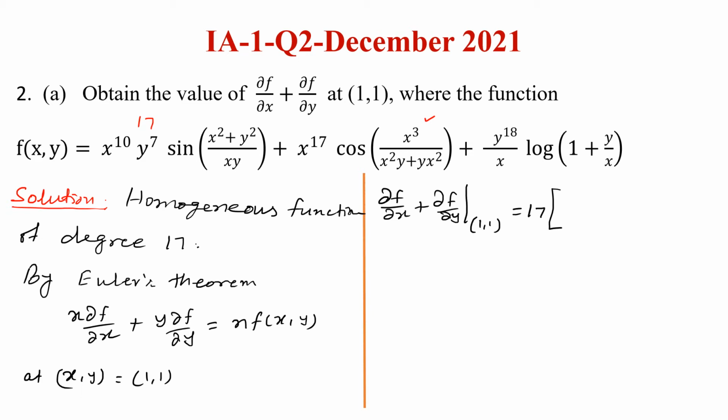So this is going to be 1, this is going to be sine 2 by 1, that is, we can write sine 2, x to the power 17 is 1, cos it is 1 by 2 that you can take, so it is plus cos 1 by 2. Again this is 1 and this is log 2 you can write here.